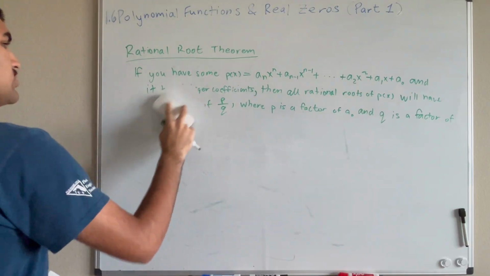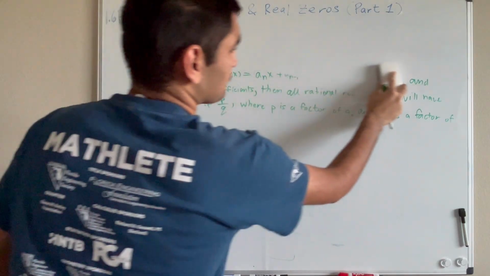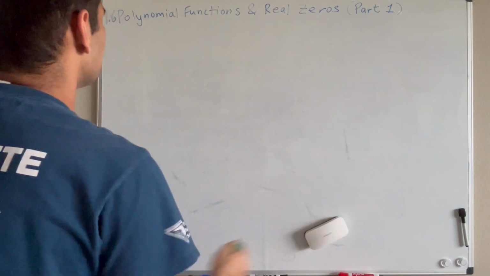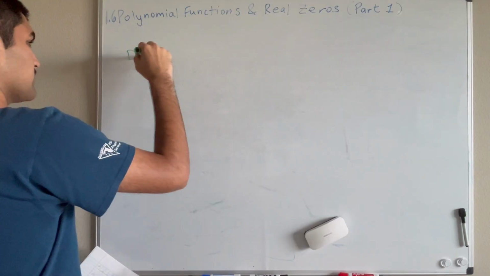So now let's move on to our next theorem. Namely, this one is called Descartes' rule of signs.